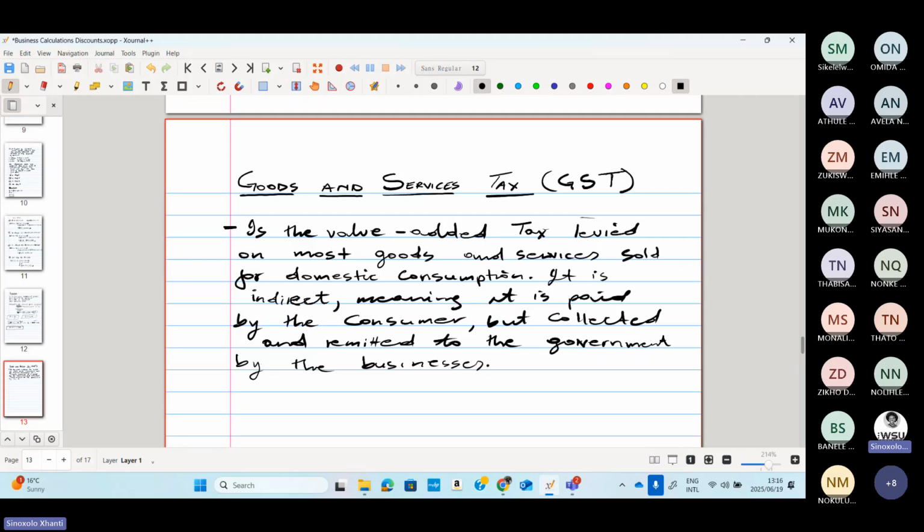Okay. So what is this tax all about? Let's first start by talking about this tax thing. Basically, let's say we want to have nice roads, we want clean water, and we also want clinics and hospitals. We are always complaining to the government, why are you not helping us with this much?